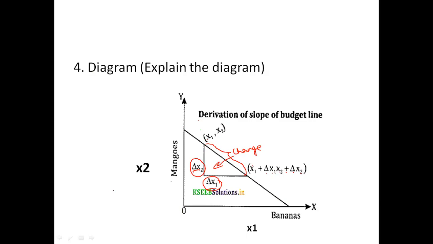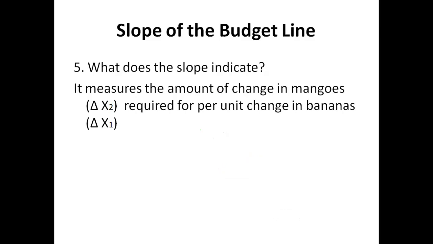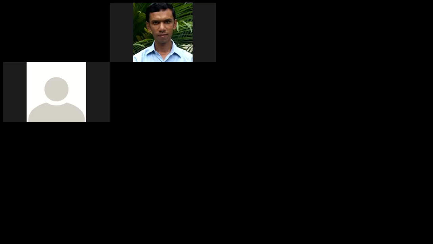Okay students, so we'll go to the next slide. So what does the slope indicate? Okay, what does the slope indicate? Students, did you understand till now? Are you able to understand? Is there any question that you want to ask? Did you understand the slope of the budget line? It is a bigger topic.